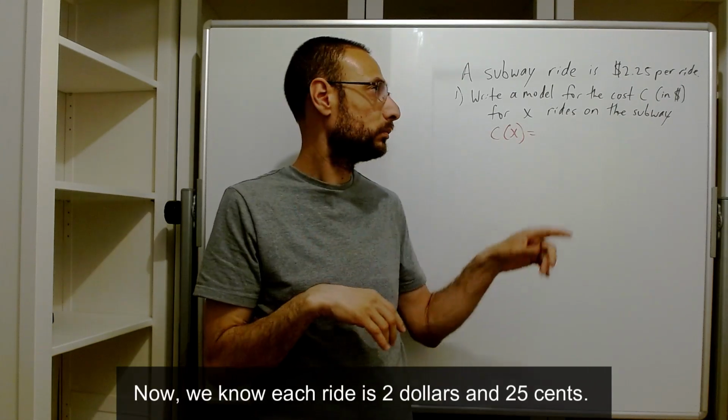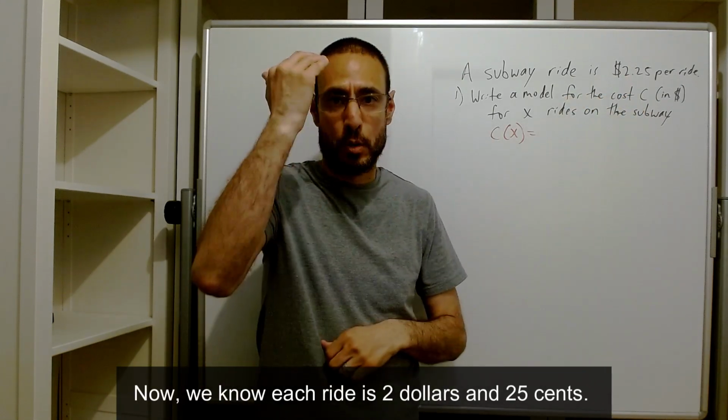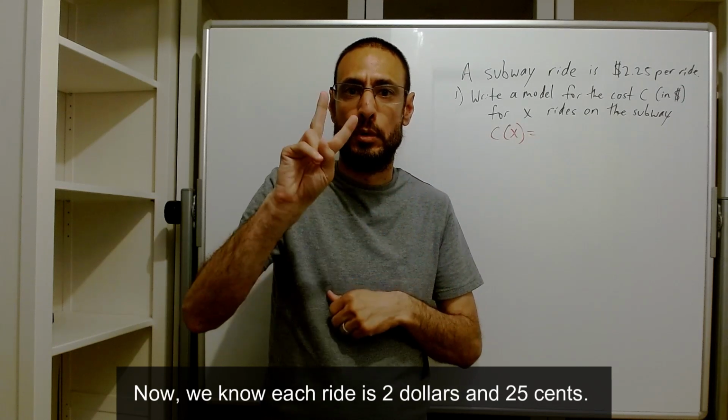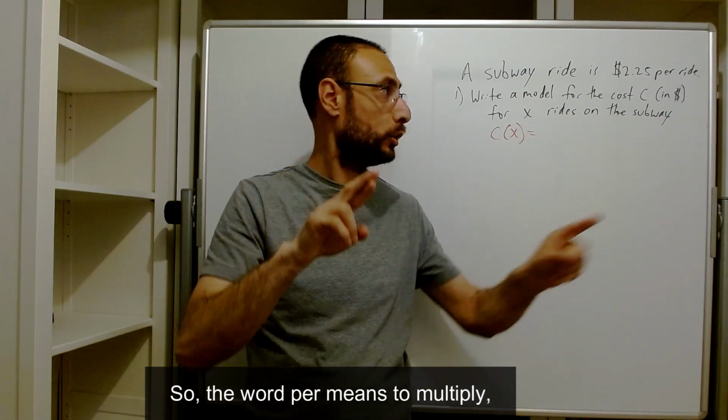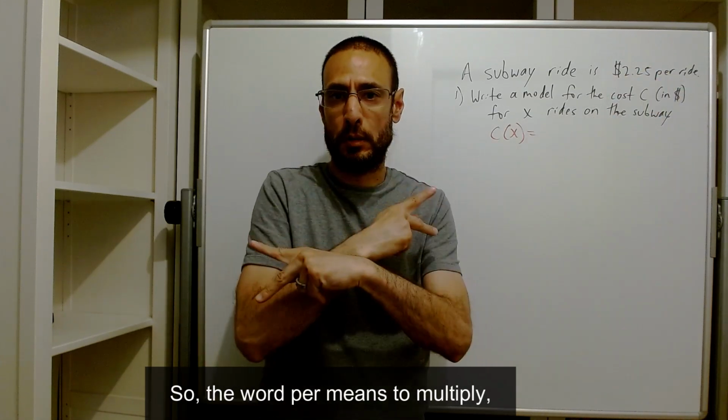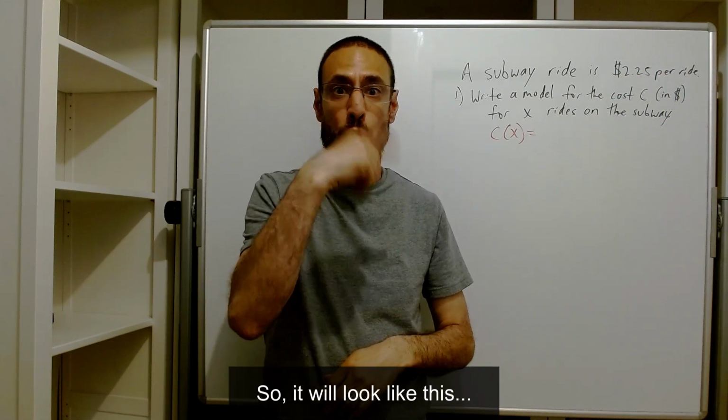Now, we know each ride is $2.25. So, the word per means to multiply. So, it will look like this.